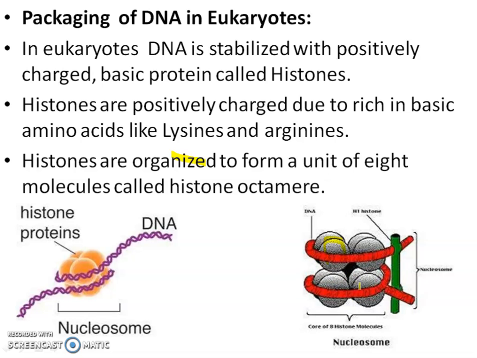The DNA which is wound around this histone protein is called the core DNA, and the part of the DNA which lies in between one nucleosome and the other nucleosome is called the linker DNA.